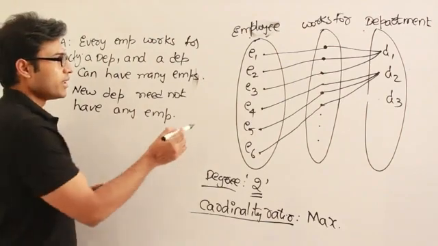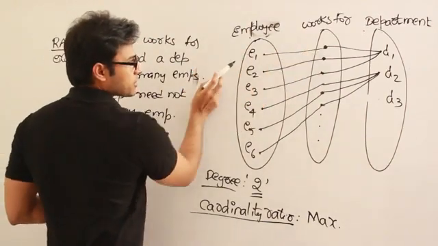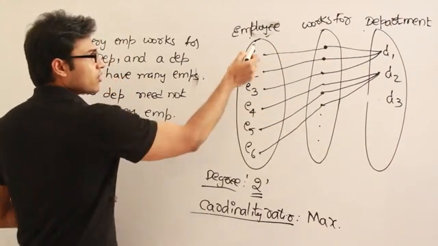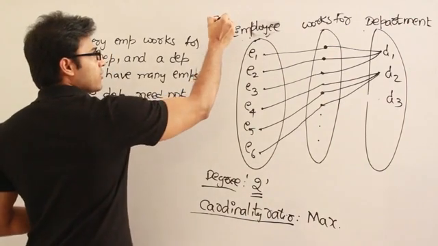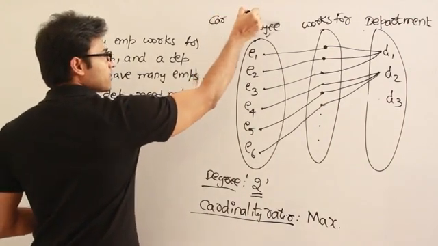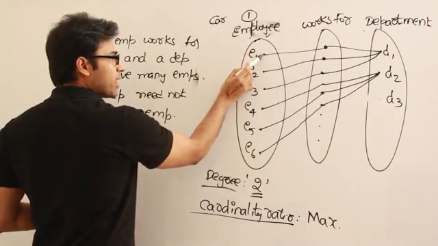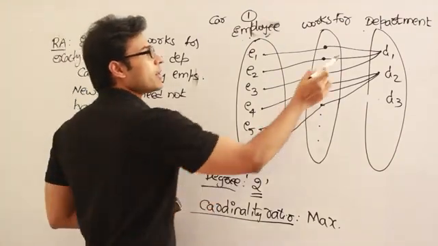For example, if you look at this E1, he can participate only in one relationship, and he is not participating in any other relationship, isn't it? Therefore, what is the cardinality of employee? The cardinality of employee is 1, because every entity in employee is participating in only one relationship. And what about the cardinality of department?